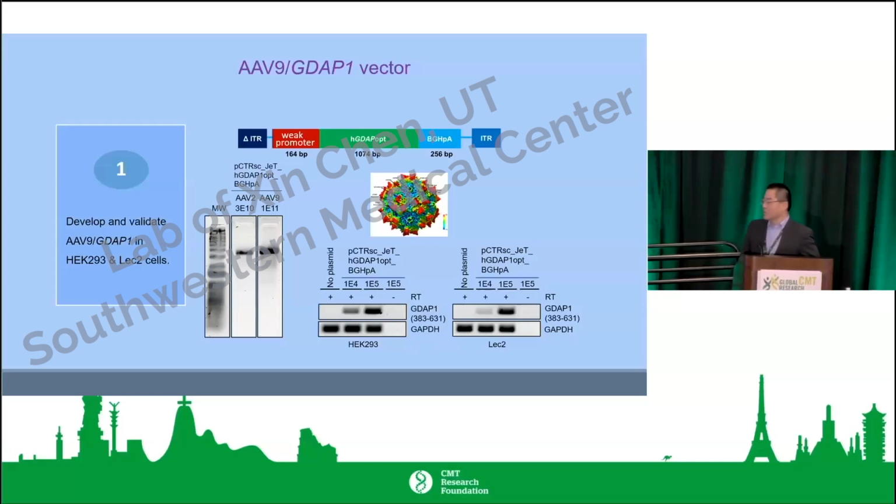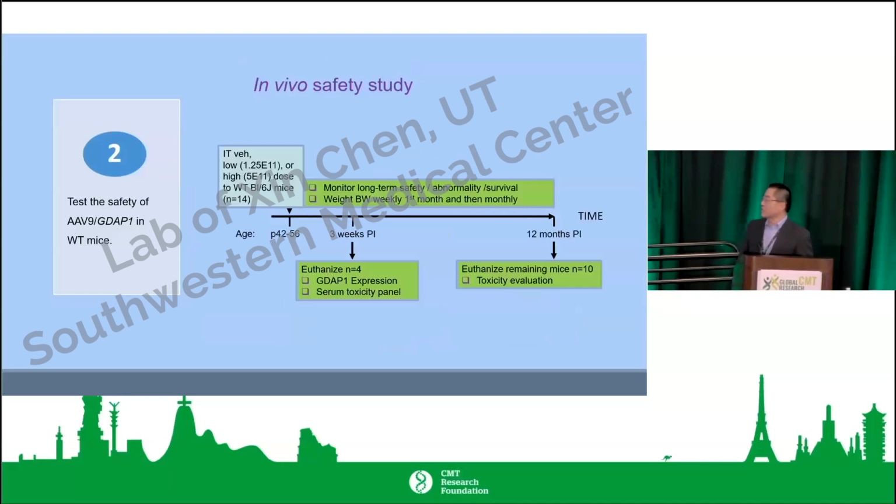We also did an in vitro cell culture study to see if this vector can express well in HEK293 and other cells. We then moved to the safety study, where we dosed wild-type C57BL/6 animals intrathecally with vehicle, low or high dose at postnatal day 42 to 56. Following treatment, we monitored the animals longitudinally for safety by observing any neurological abnormality, survival, and body weight.